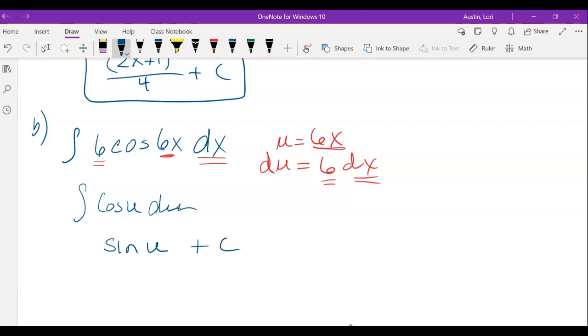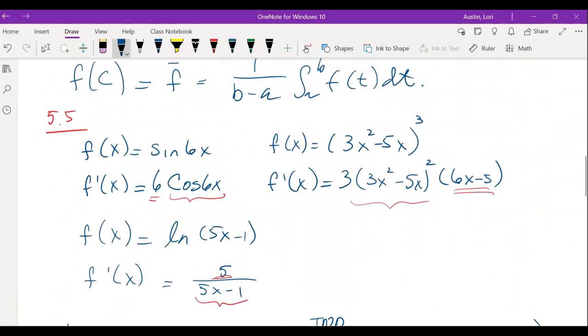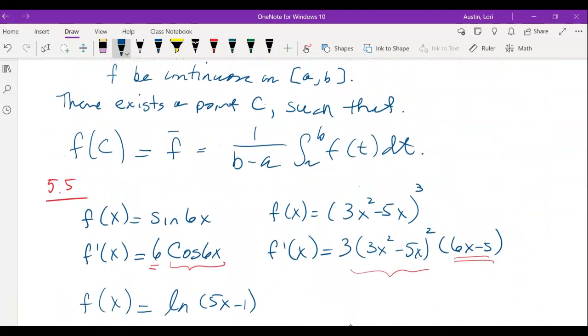And what was u, everybody? So it's sine 6x, which is exactly what you get.